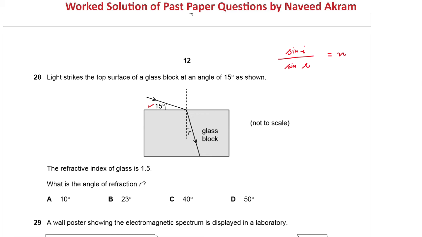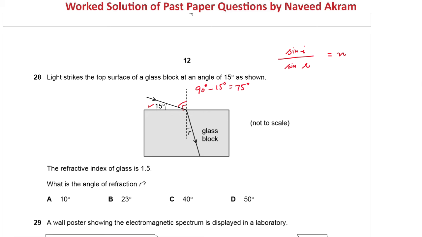This angle is between the ray and this surface. So first of all we will see what is the angle of incidence here. Angle of incidence will be this one, the angle between incident ray and the normal, and this angle is 90 degree. So angle of incidence will be 90 degree minus 15 degree is equal to 75 degree.